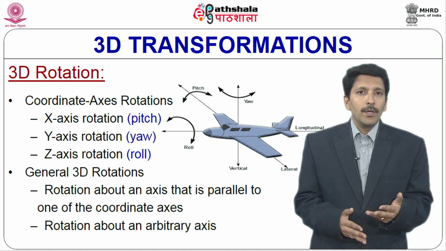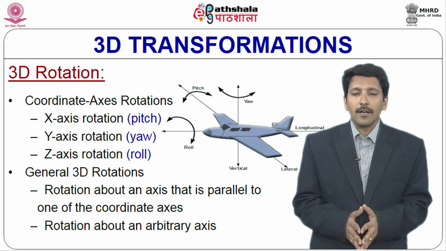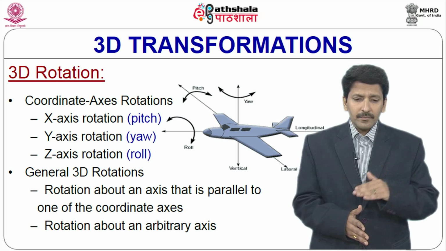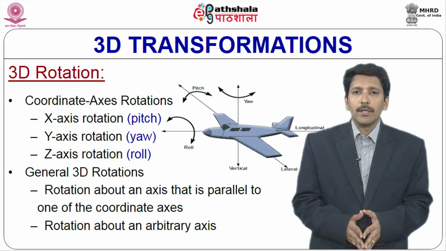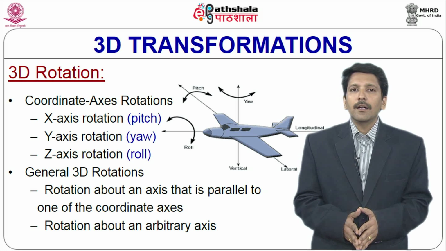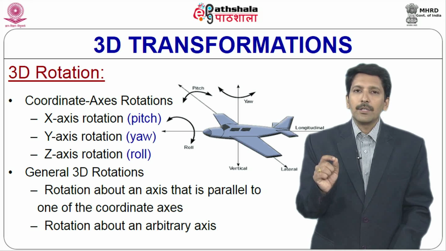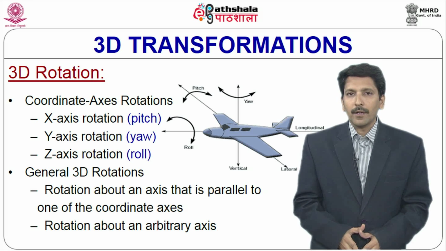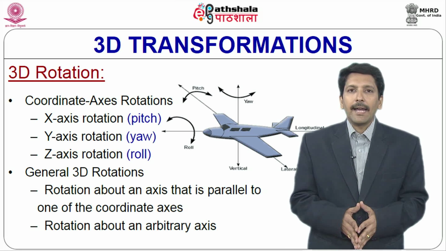Try to always link what we discuss in 3D with 2D. In 2D, for rotation, we require a single point of rotation, which is called the pivot point. But in 3D, we would require an axis of rotation.